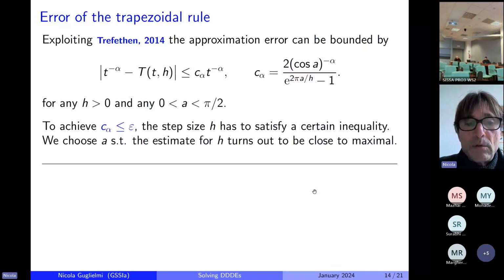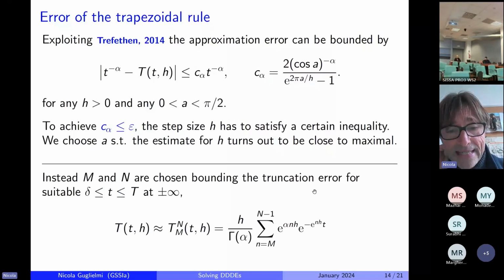In order to bound the relative error below a certain tolerance epsilon, you have to choose the step size in a certain optimal way, and these are just technical manipulations, in a way to get maximal h. And then the final step is to truncate at minus infinity and plus infinity the series in a way to get a finite summation, still controlling the error by epsilon.